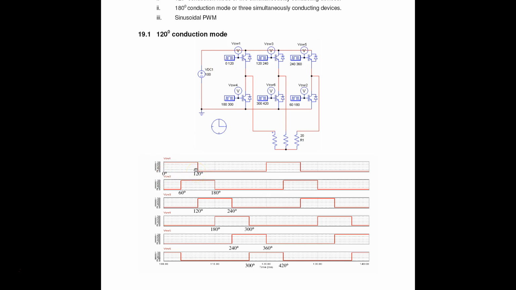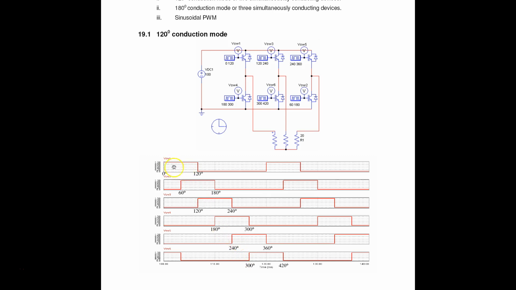conduction mode, conduction from 0 degree to 120 degree, and then the following switch 2 will have a 60-degree delay from the first switch, and the following switch, switch 3, will also have a further 60-degree phase delay from the previous switch 2 control signals, and switch 4 will have a further 60-degree delay from the switch 3, and so on until you have the final switch, which is switch 6 control signals, which is a 60-degree delay apart from the switch 5 signals.